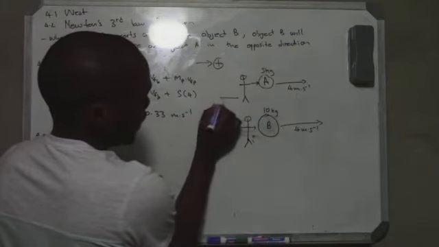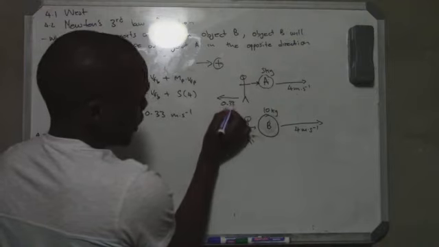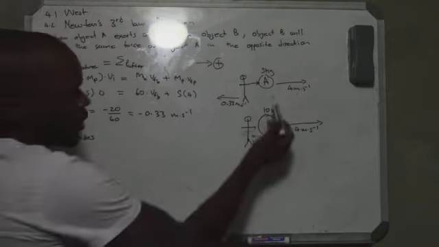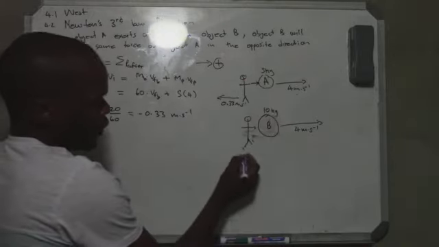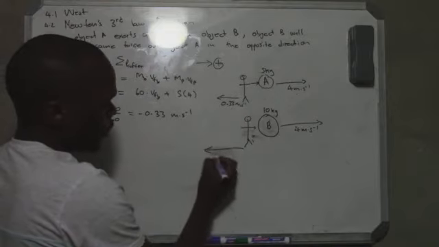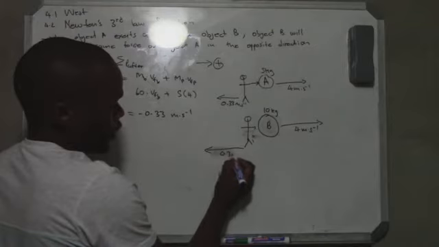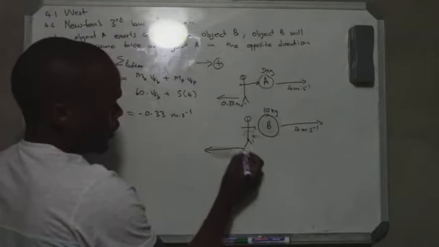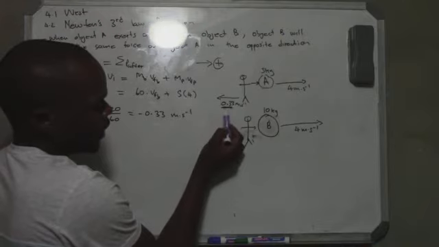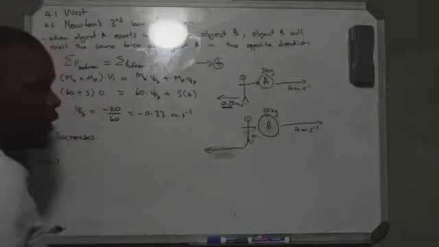And he moves in the opposite direction at 0.33 meters per second. Right? So now if you double the mass of that package, they want to know what will happen to his velocity. Will his velocity be bigger than 0.33, or will it be less than 0.33?